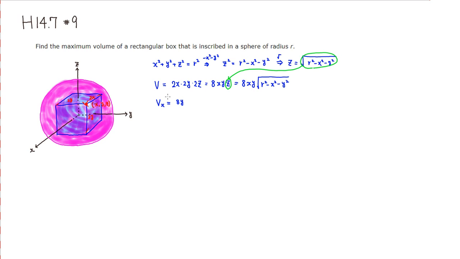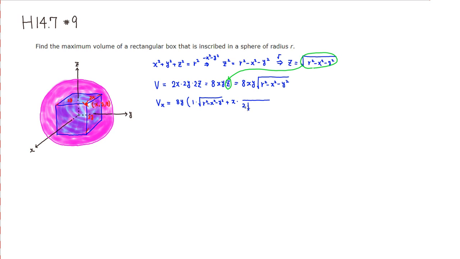Then we take the derivative of x, which is 1, times the square root of r squared minus x squared minus y squared, plus x times the derivative of this. It's going to be 1/2, so 2 is on the bottom, and subtract 1 from the power, so negative 1/2 power.